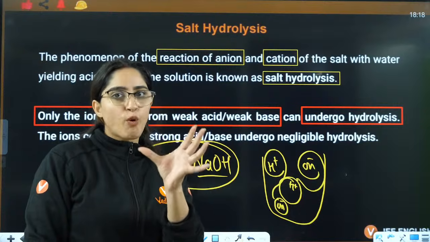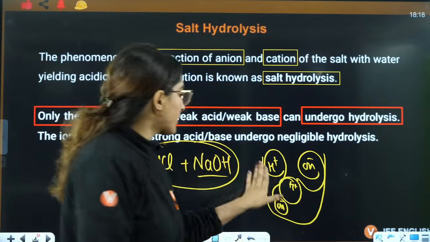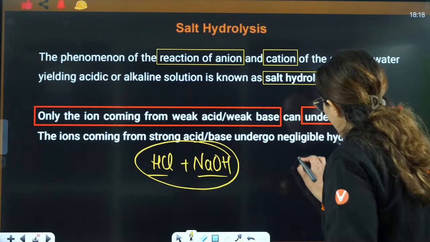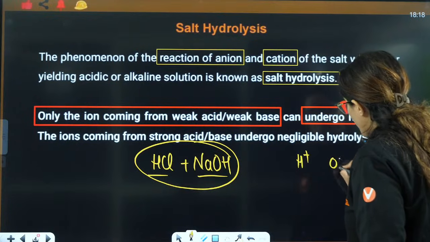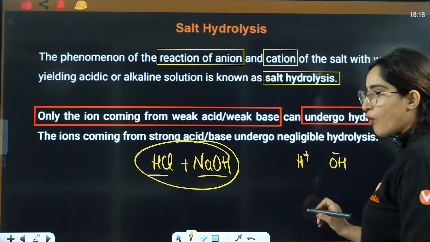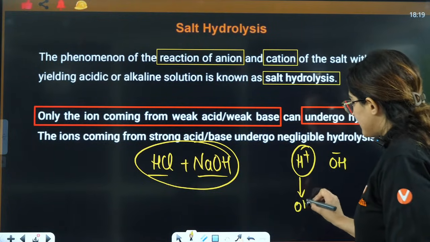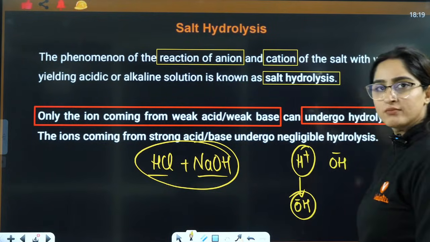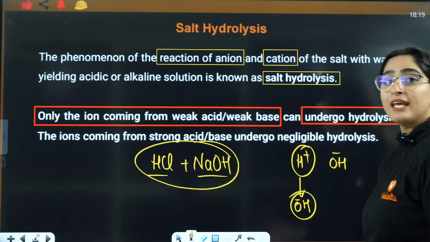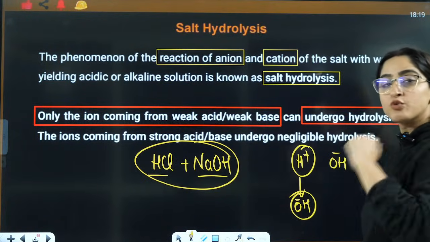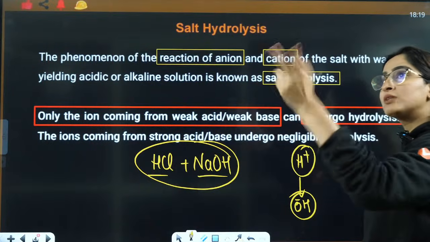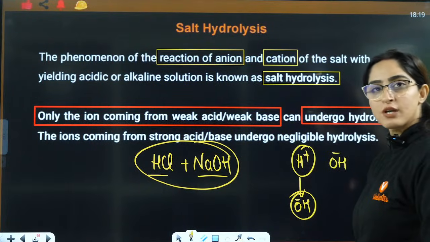Water has H positive and OH negative. If you want this H positive to react with the salt, then there should be some OH negative, and OH negative will be there only if it is not being neutralized. If both are strong, there will be complete neutralization.